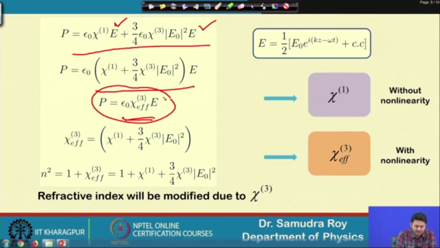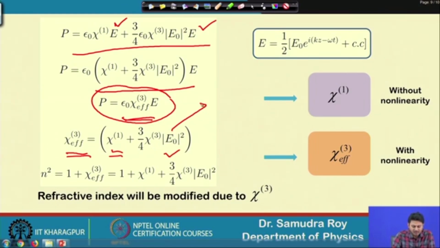When I write this in standard form, we find that the susceptibility term is now modified. So, the modified susceptibility chi effective is now written as the fundamental susceptibility chi 1 plus 3 by 4 third order susceptibility chi 3 times mod of E 0 square.